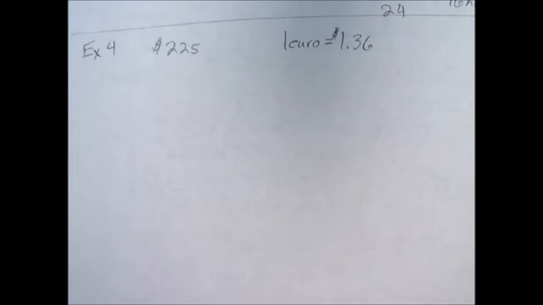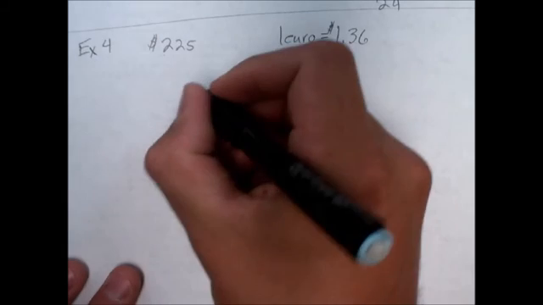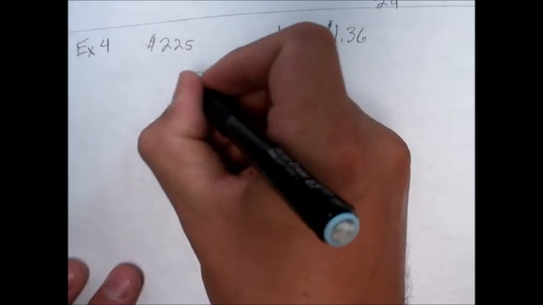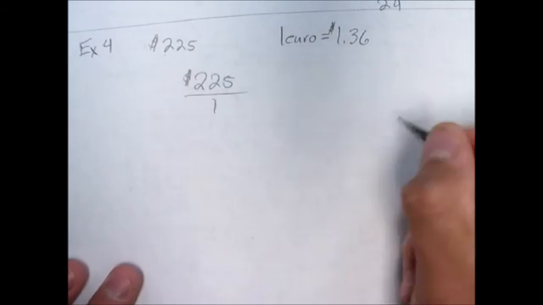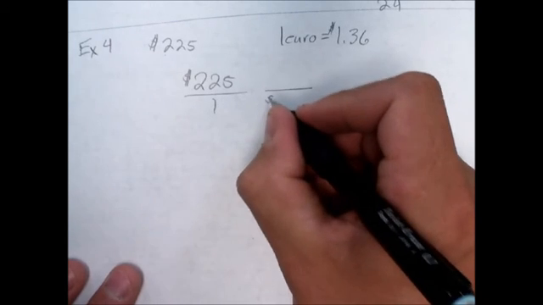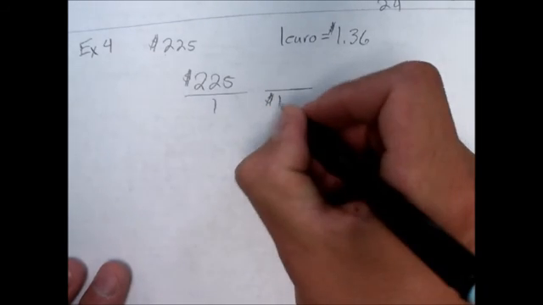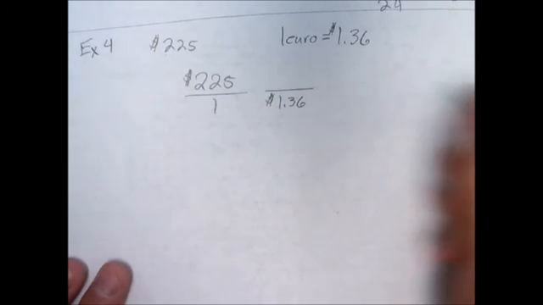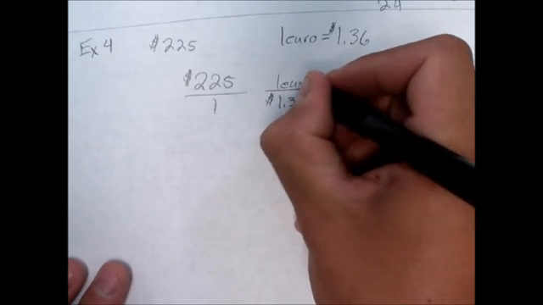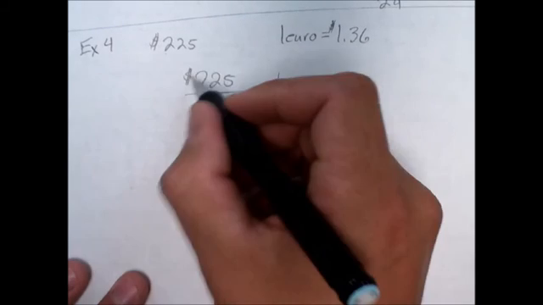So all I am is going to convert from dollars to euros. Okay? So if I have dollars on top and I need to convert it, I'm going to take $225. I'm going to put it over 1 so that I can start my conversion. I have to have dollars on bottom to get rid of that dollar sign. Okay? So here it is, $1.36 over €1. So in reality, I'm just dividing them, right?